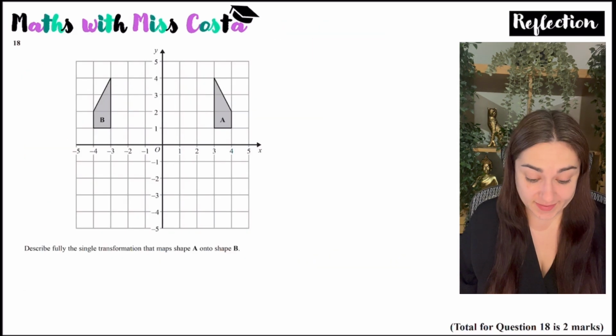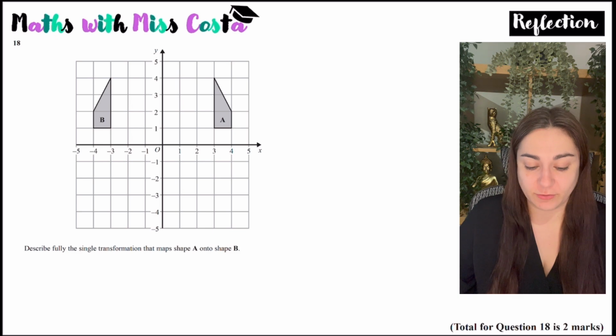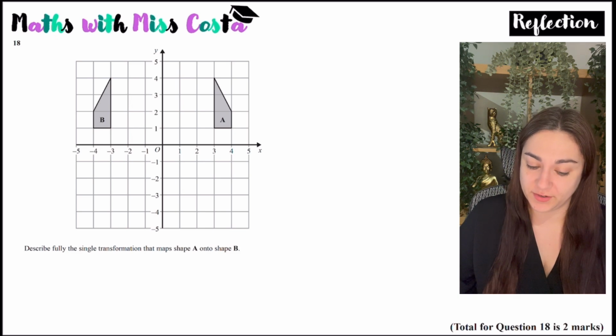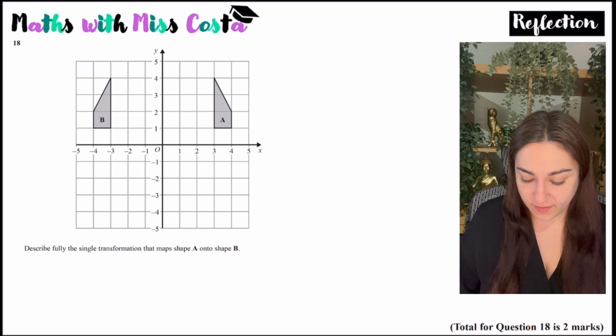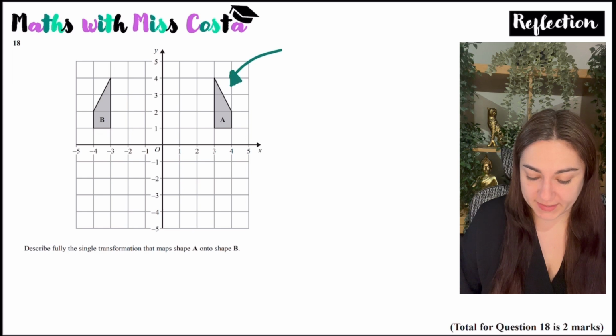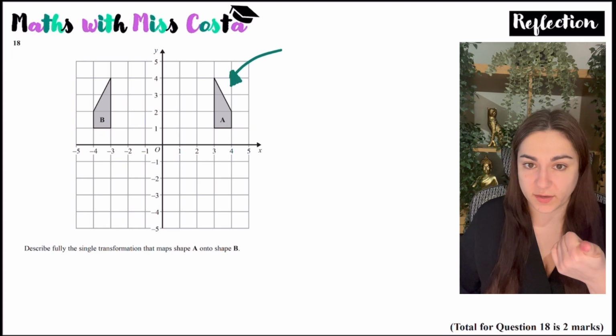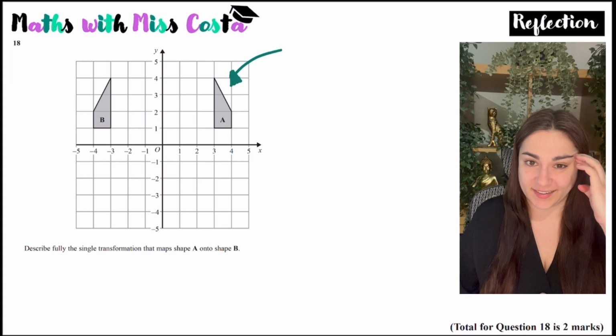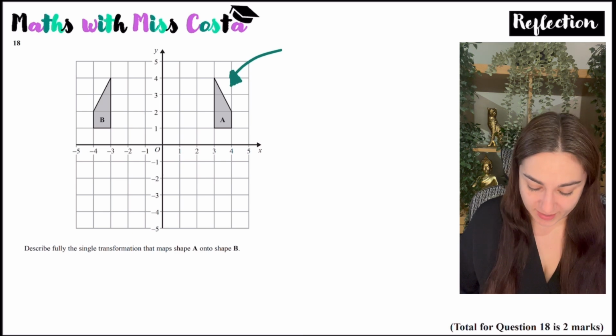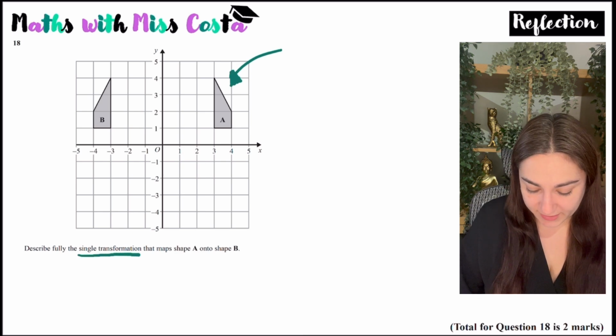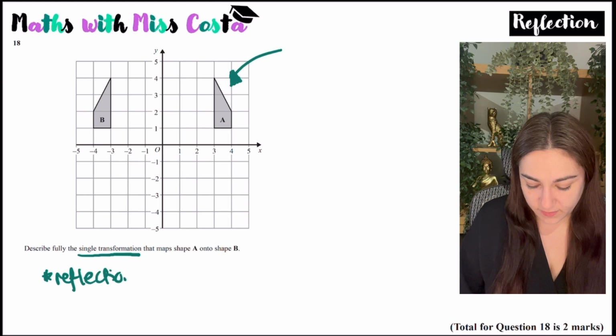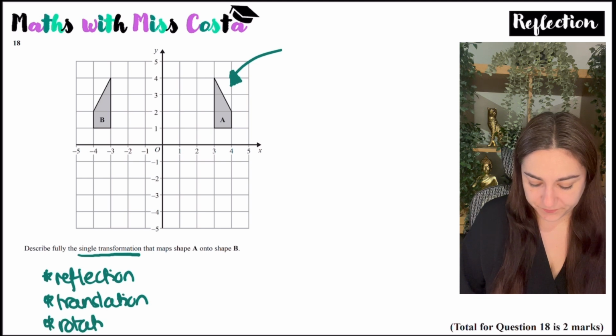Okay, so in this question, I'm being asked to describe fully the single transformation that maps shape A onto shape B. So common mistakes people make is that they write more than one transformation, and also they accidentally start from shape B. So single transformation means it's either going to be a reflection, a translation, or a rotation.